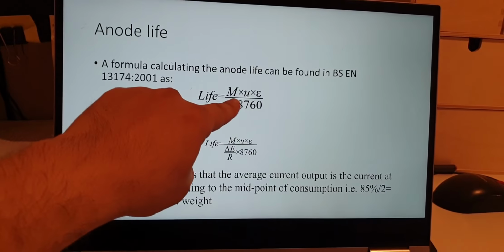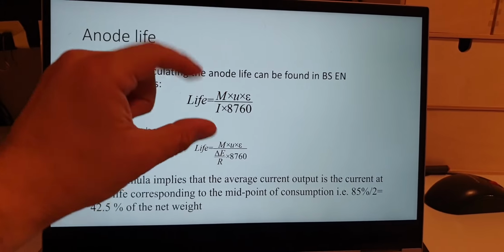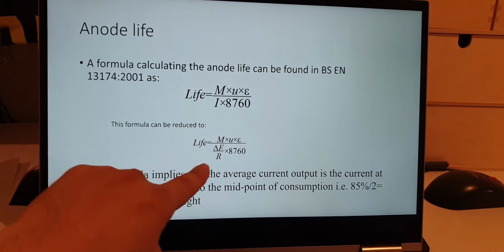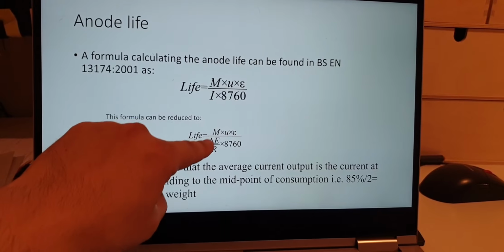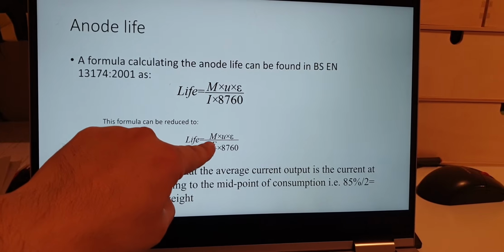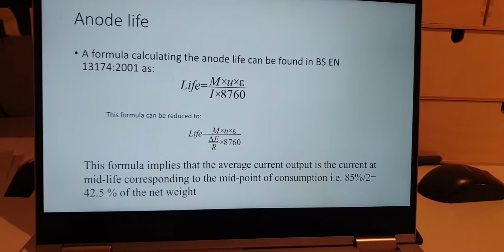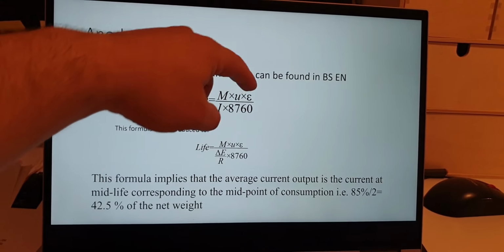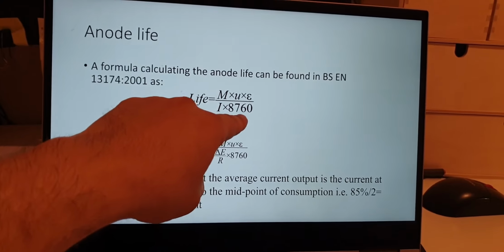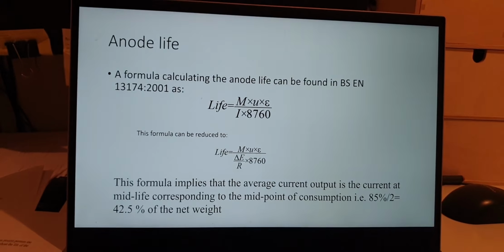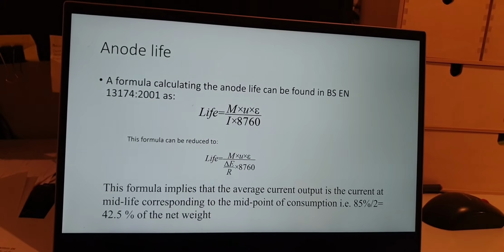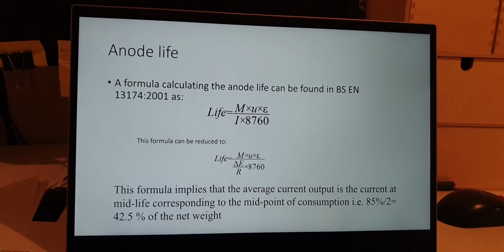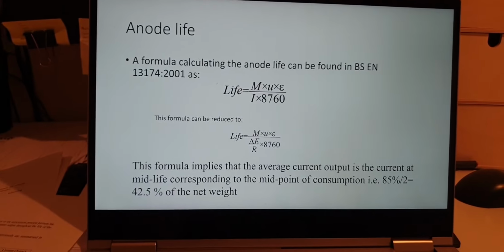This equation could be reduced to the definition of the current, which is delta E, the driving potential, over the resistance. Then there is the utilization factor, electrochemical efficiency, time in hours, the hours in a year, and the current output.